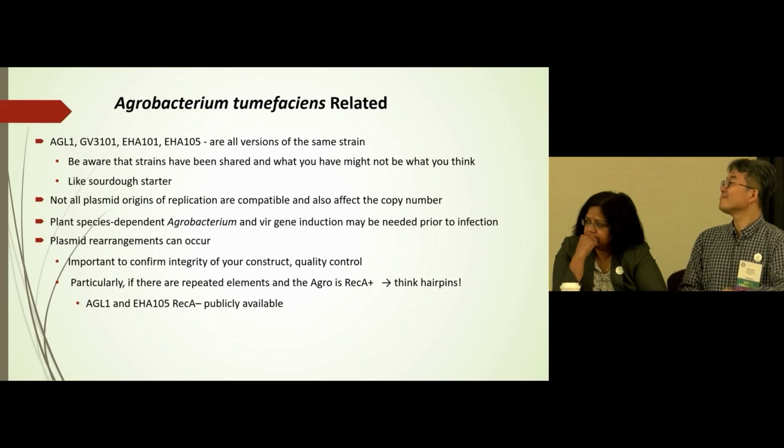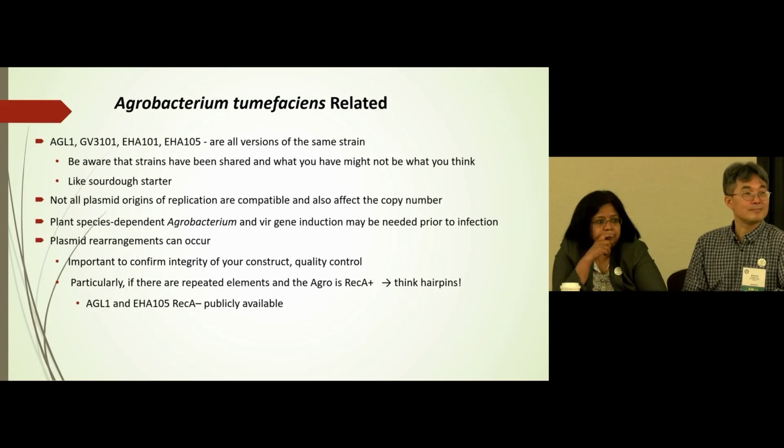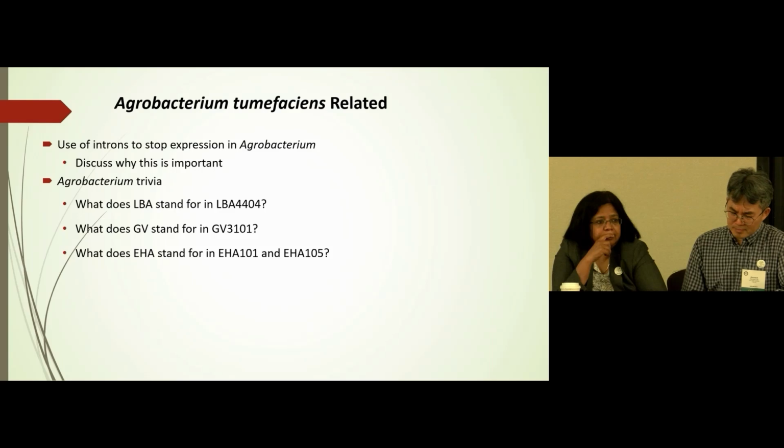Okay. All right. If there aren't any, oh, just one there, Kieran. This is Kiran Mysore again from Oklahoma State University. I was under the impression that all AGL1 strains available are recA minus. Am I wrong?